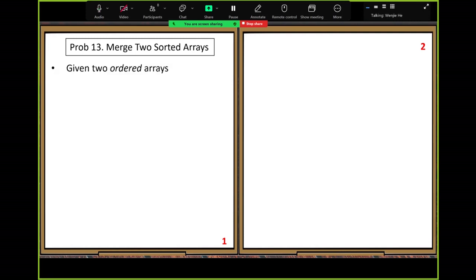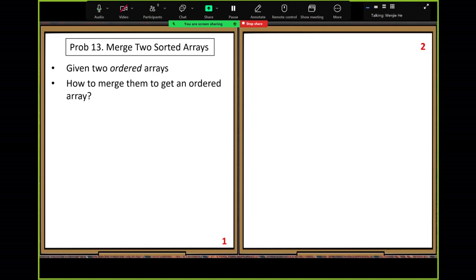All right, so let's look at a question. Given 2 ordered arrays, how do we merge them to get an ordered array? The data you're given is 2 arrays, but they are both ordered, so you can take advantage of that information, because we can do much better if we have ordered data.